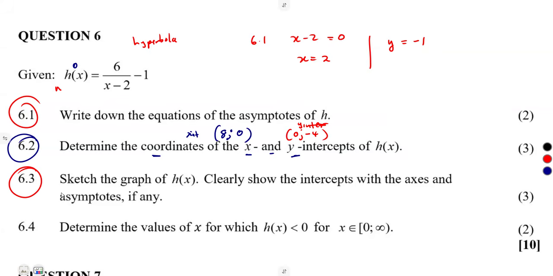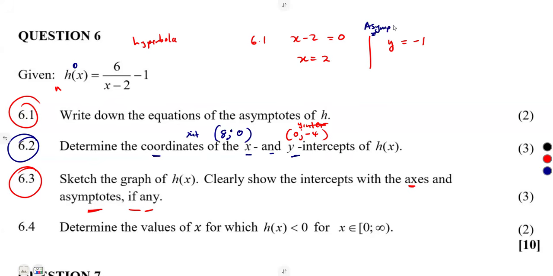Clearly show the intercepts with the axis and asymptotes, if any. If we have these, let us represent them on our graph. So remember we've got the x-intercept, the y-intercept, and the asymptote. The first part here was of what? The asymptotes.